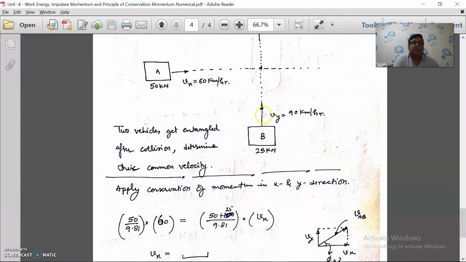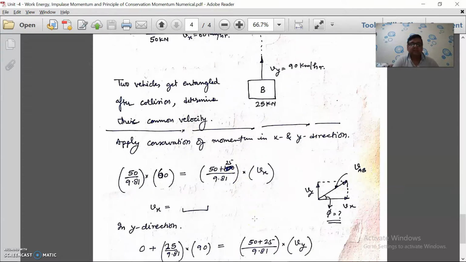So along the x-axis it is equal to 0. So this momentum plus this 0 equals the momentum after collision. I do not know what will be the velocity in the x direction. Let us say it is Vx. But the weight I know, it is 50 plus 25 upon 9.81 multiplied by Vx. So this equation will give me Vx.